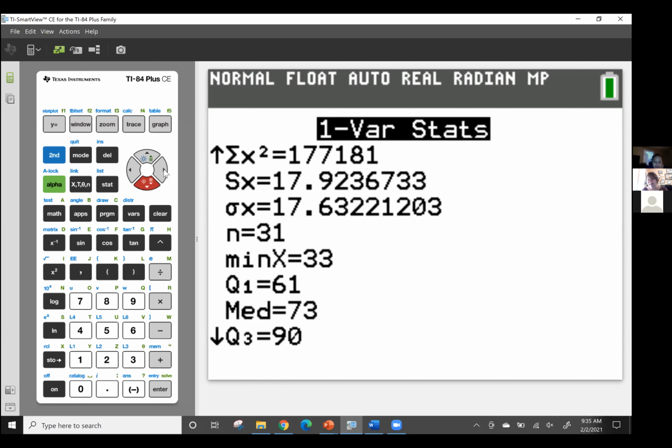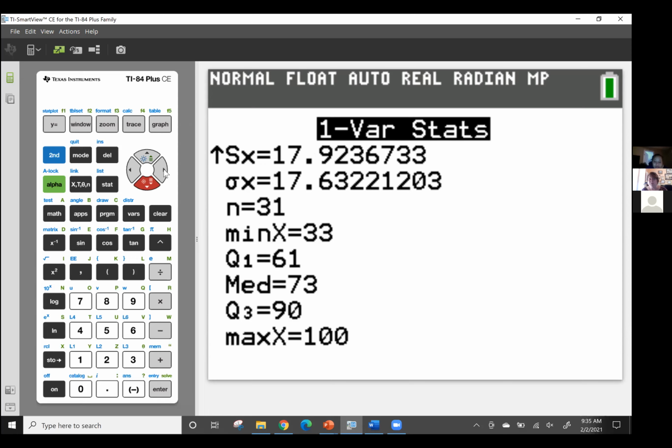The third quartile is 90, which is interesting because that means a full quarter of our scores are above 90. Well, that's pretty good for a test. And then our maximum was 100. So we had scores from 33 to 100. And then we can look at our quartiles and how that breaks our data up into quarters.